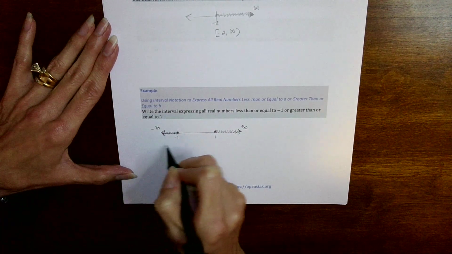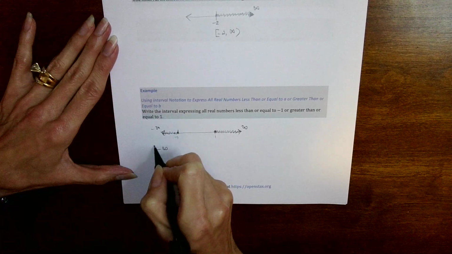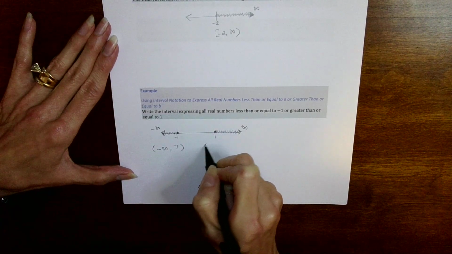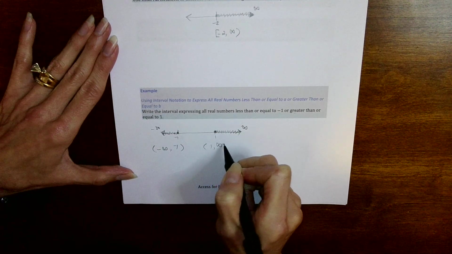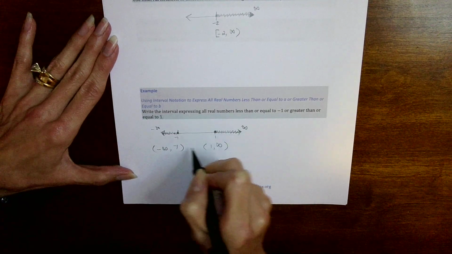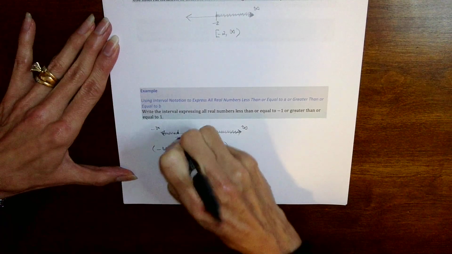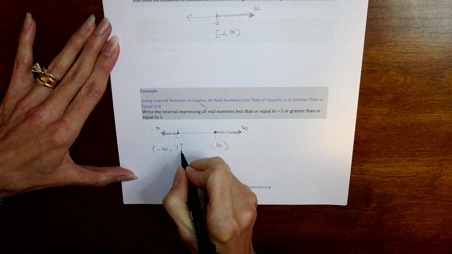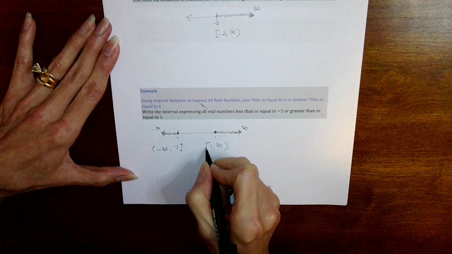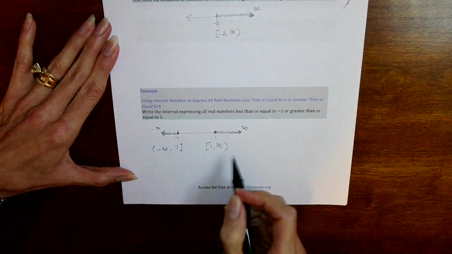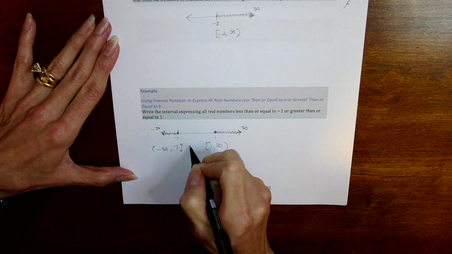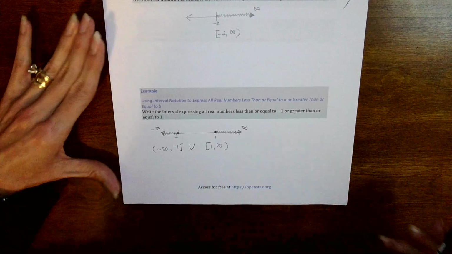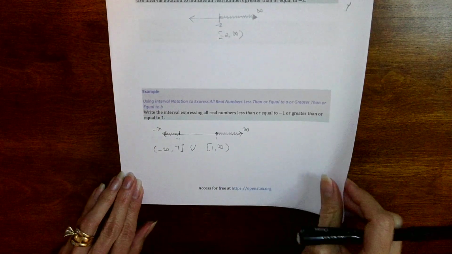So we go from left to right, negative infinity, comma, -1. And this is 1, comma, infinity. Oh, except these are included, so we're going to use brackets. And these are both in the problem, so we're going to use a U for the union sign. That means this and this is included in the answer.